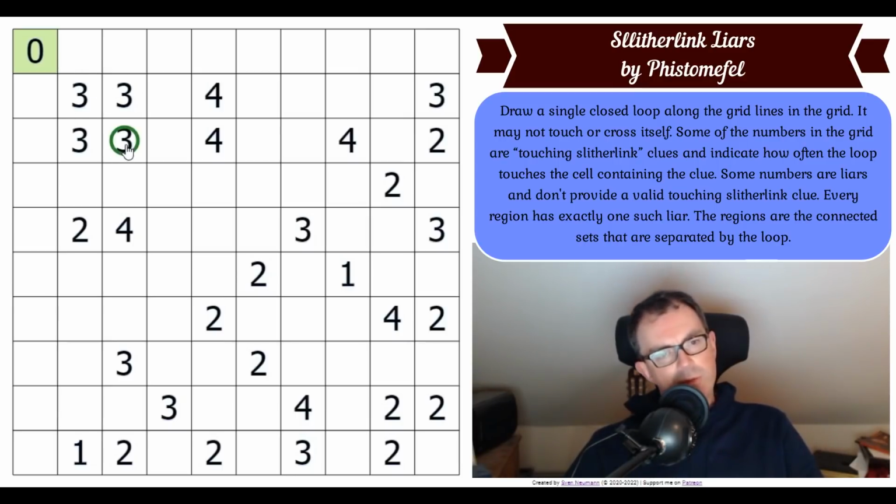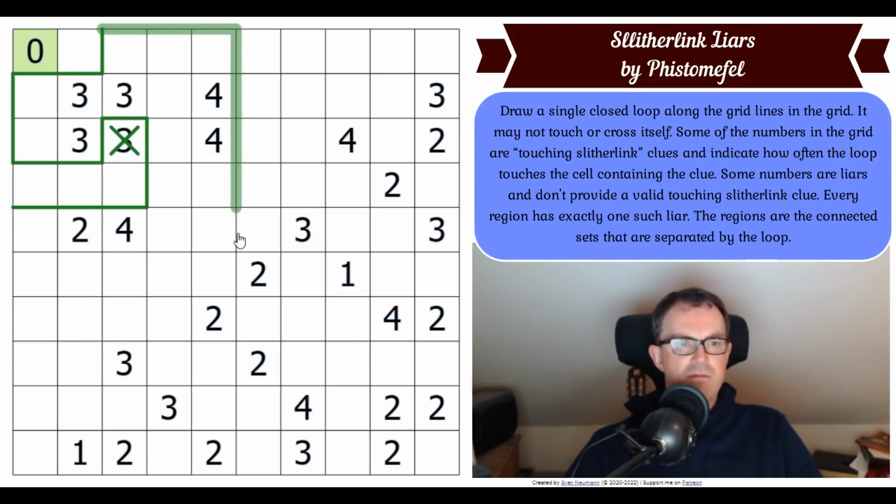If that was the false 3 in green, then this could maybe escape down here. And this could do that, and this would be in the loop, or something like that. Something like this as the loop. And this is touching the 0 clue. Yeah, okay. That might be possible. I don't think we can rule that out.